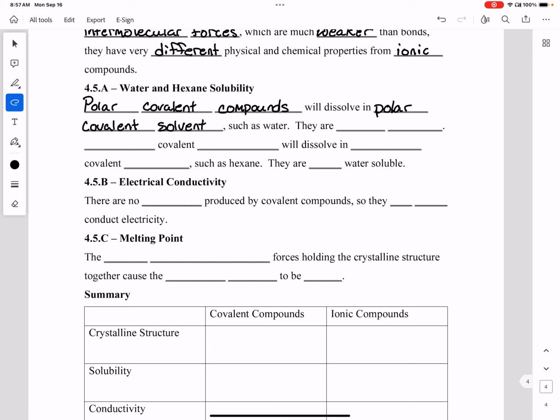For example, sugar is a polar covalent compound. So it will dissolve in water. So we would call them water soluble.